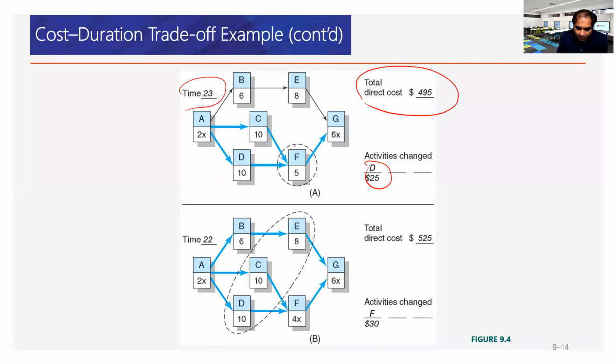So once we reach that point here, which one is the critical chain? So we have 2, 6, 8, 8, 16, and then 6. How many days here?